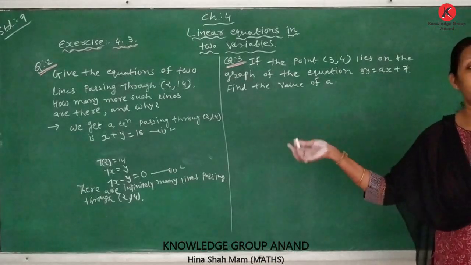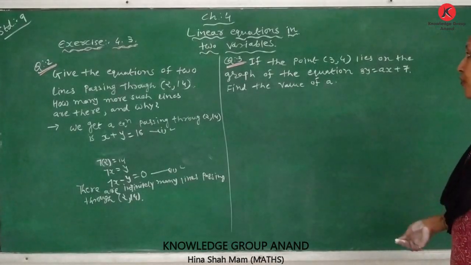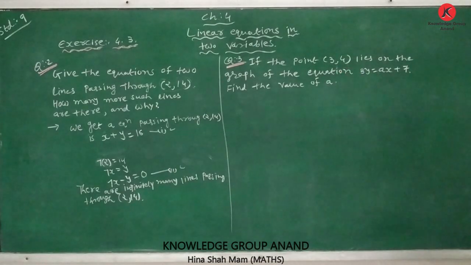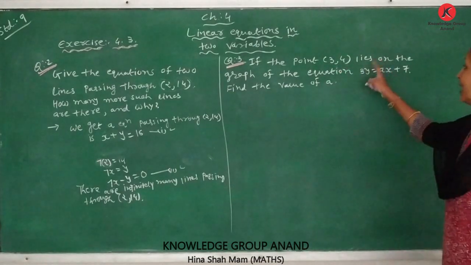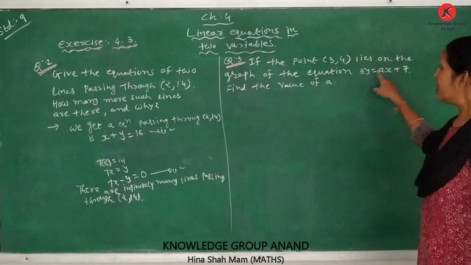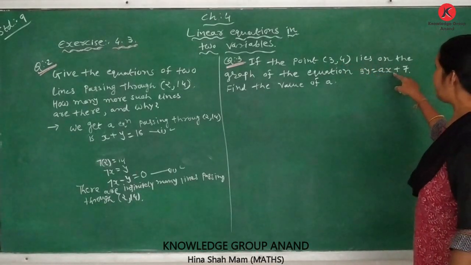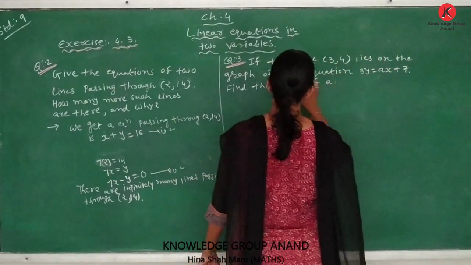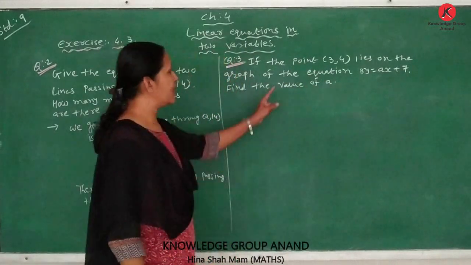The point (3, 4) lies on the line, so (3, 4) is a solution of this two-variable line equation.